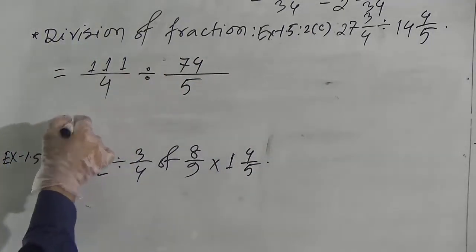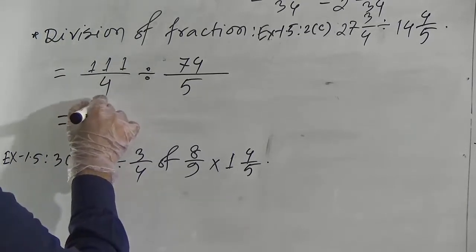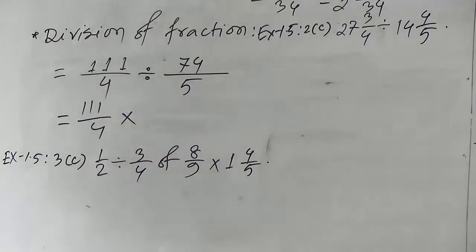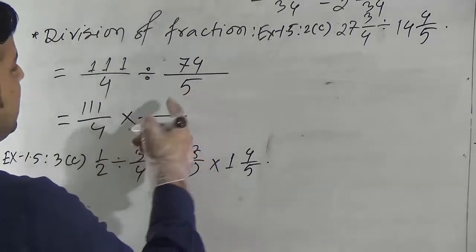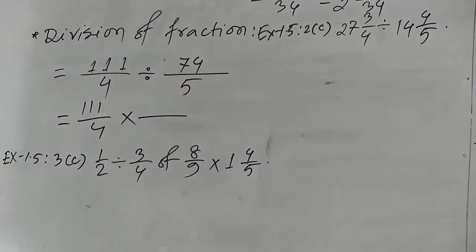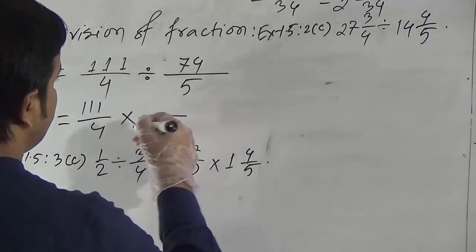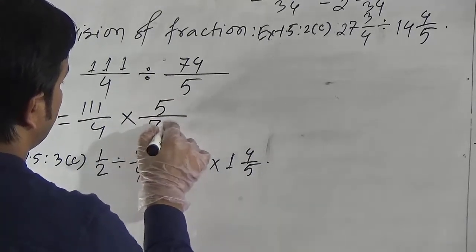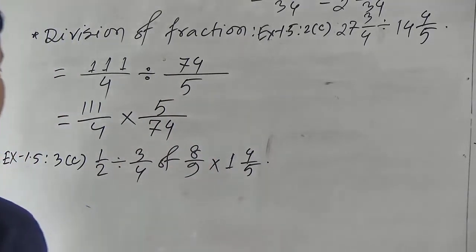Now according to the formula, the first fraction will remain the same and we have to change the division sign to multiplication, and the numerator and denominator of the second fraction will change their place. It means 5 will be in the numerator and 74 will be in the denominator.